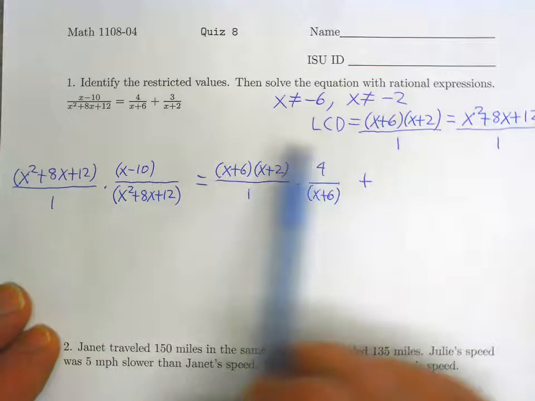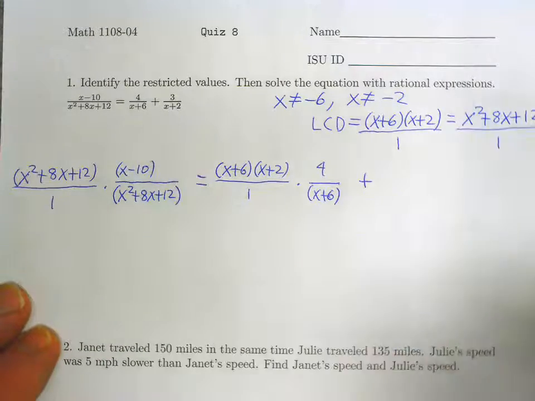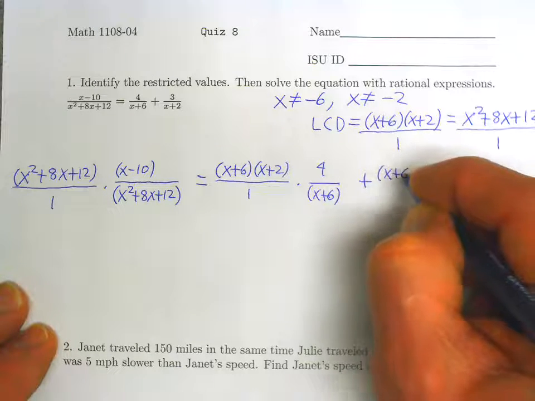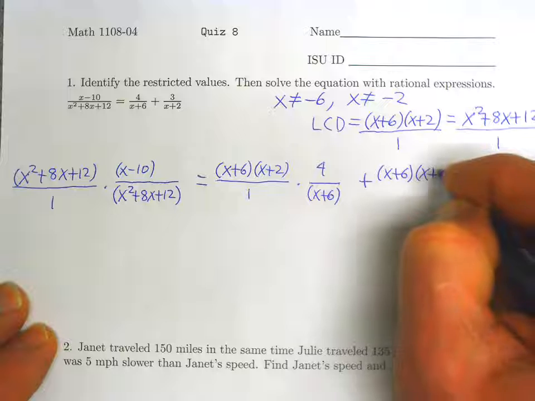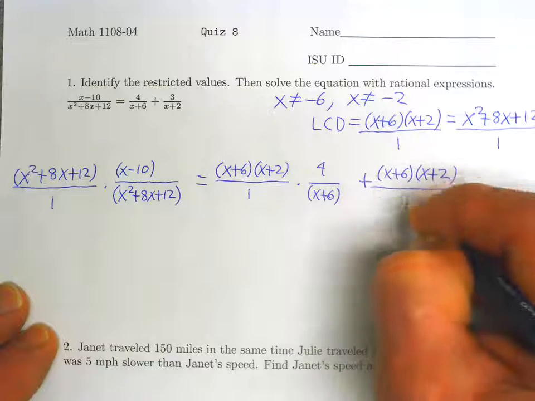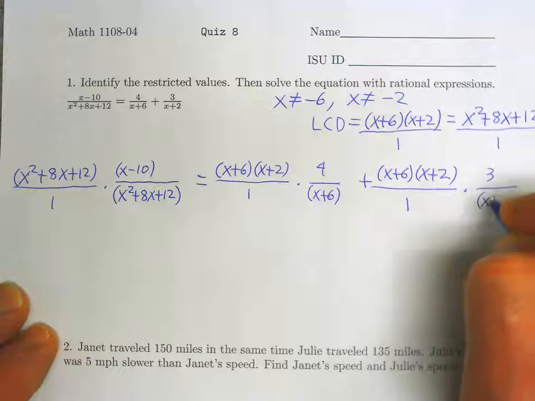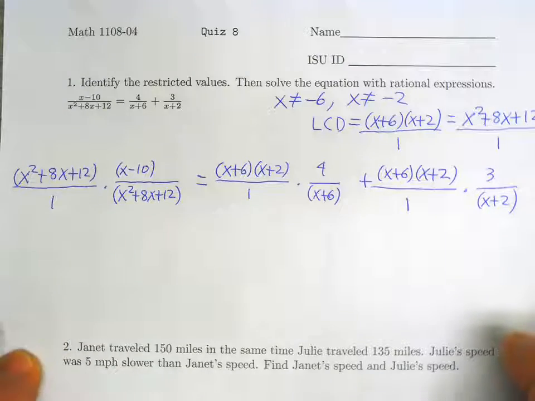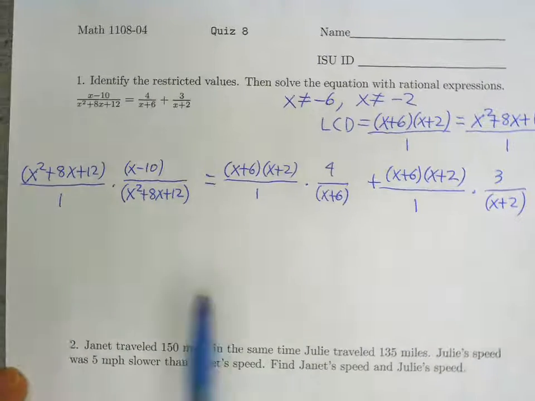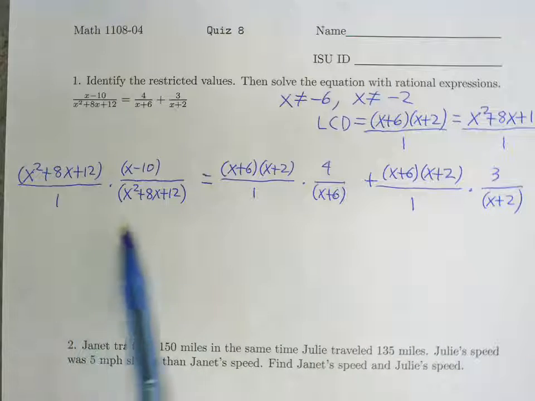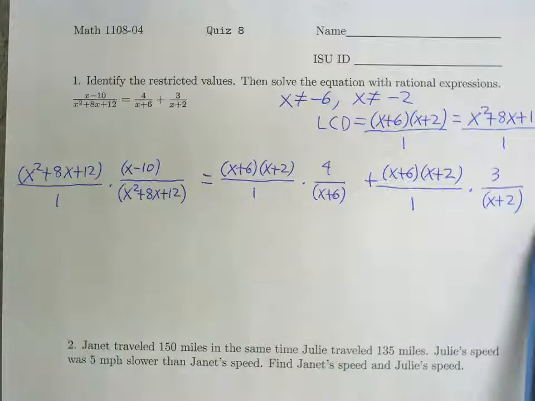And then we multiply the least common denominator by this term, 3 over x plus 2. So x plus 6 times x plus 2 over 1 times 3 over x plus 2. Okay, so it does look more complicated, but it's going to look a lot simpler after we're finished canceling common factors.